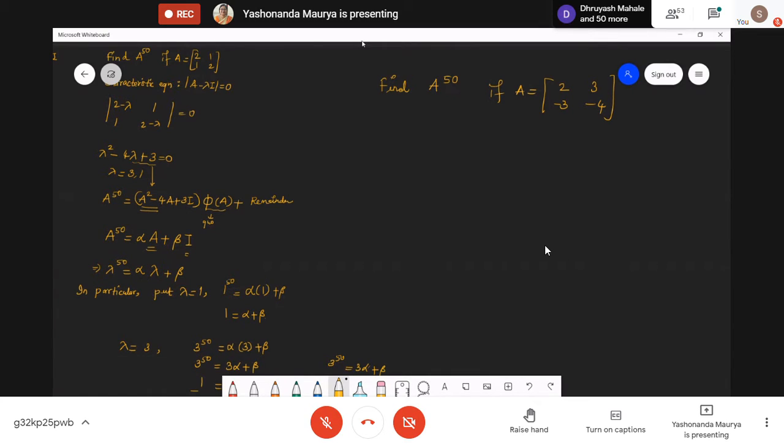What is the characteristic equation over here? The characteristic equation in this case.